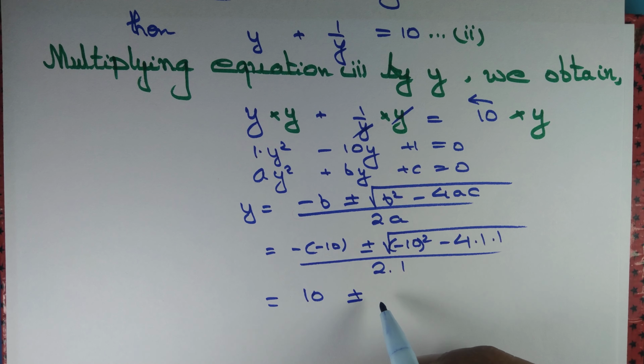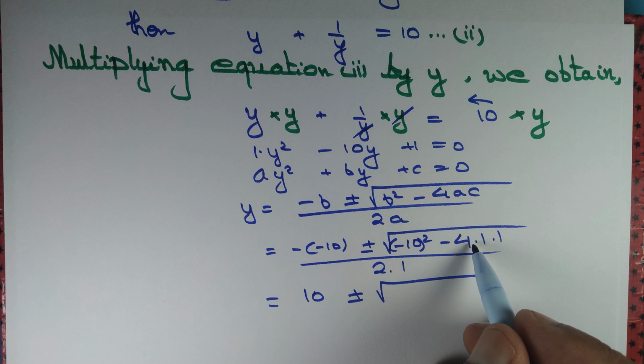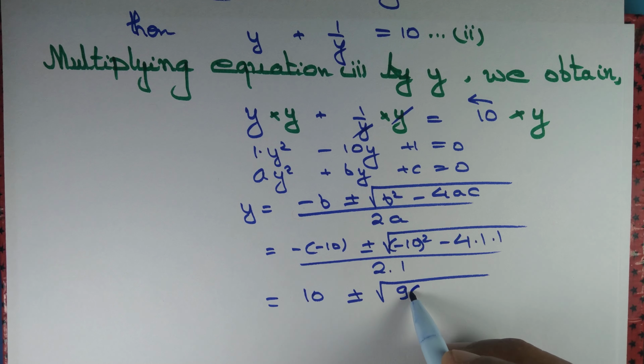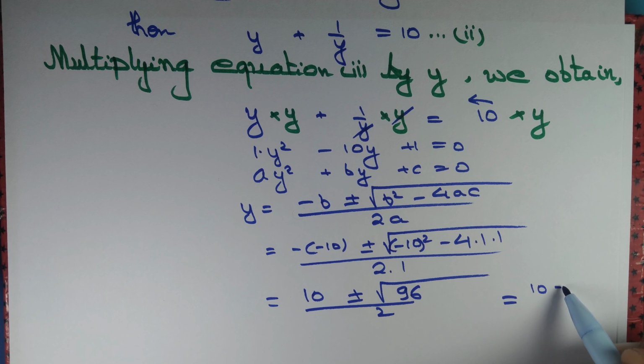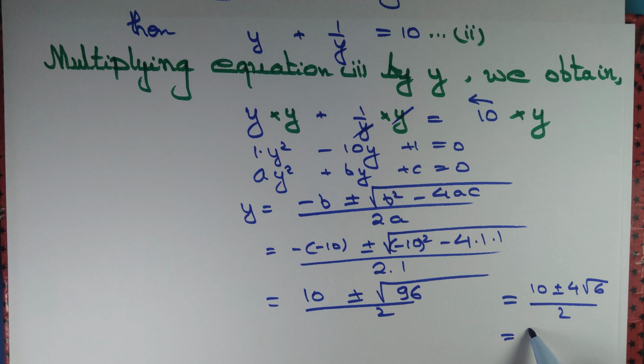That's equal to 10 plus minus root over 100 minus 4, which is 96, by 2. 96 is 16 into 6, and root 16 is 4. So 10 plus minus 4 into root 6 by 2. That's equal to 10 plus minus 2 root 6.